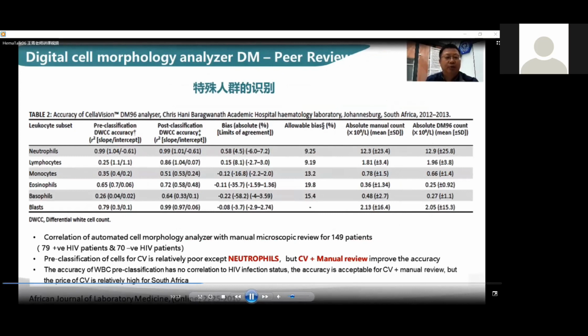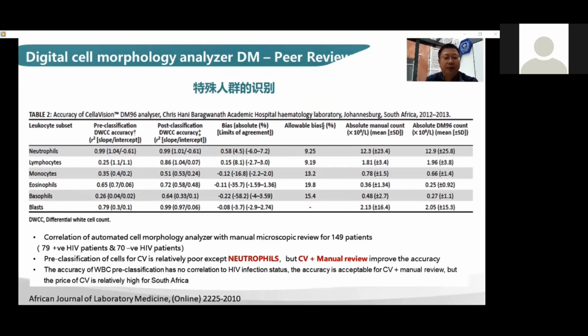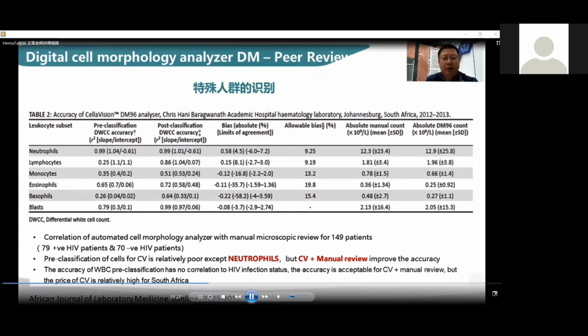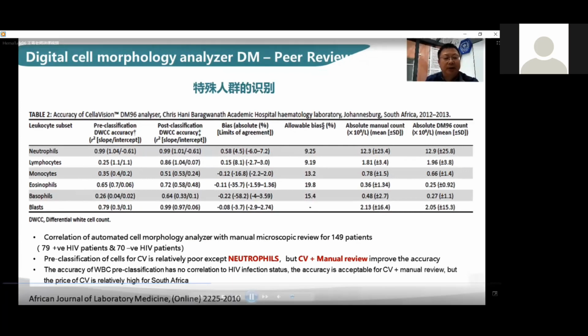Let's now also take a look at the digital cell morphology analyzer, the DM. The correlation of the automatic cell morphology analyzer with manual microscopic review for 149 patients: we find that the pre-classification of the cell for the CV is relatively low, except neutrophils, but CV plus manual review improved the accuracy, and the accuracy of the WBC pre-classification has no correlation to HIV infection status.